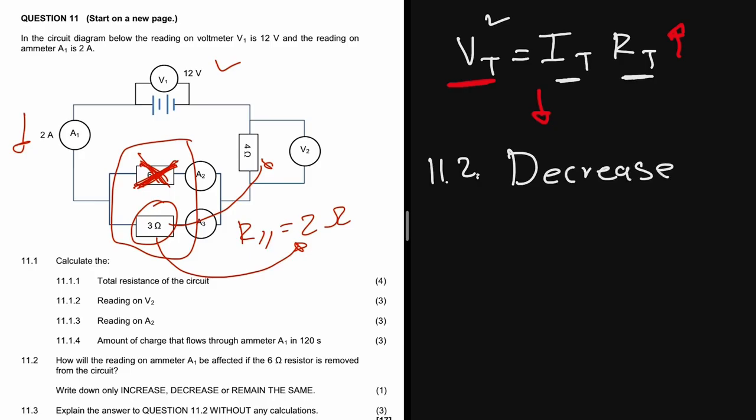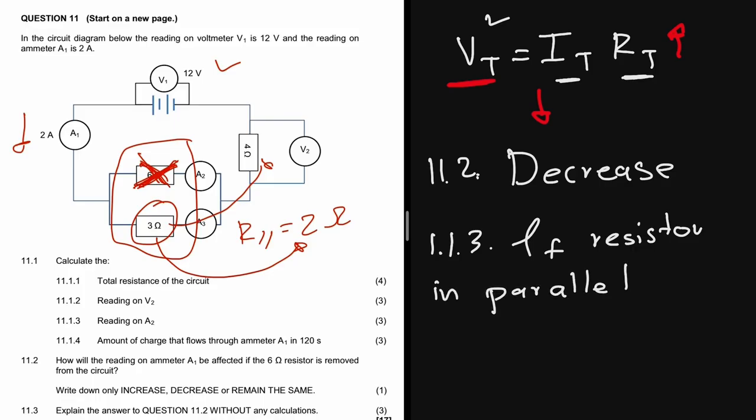So the next question says, explain the answer to question 11.2 without any calculations. I have already explained the answer. Let me just write that down. We said now, if we remove the resistor in parallel, we are actually increasing the total resistance.